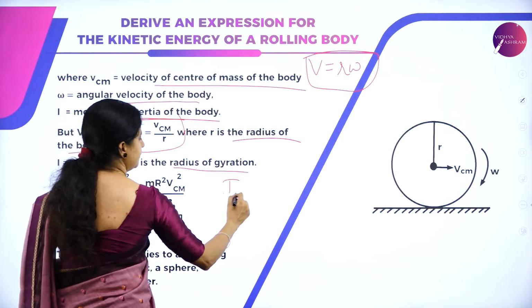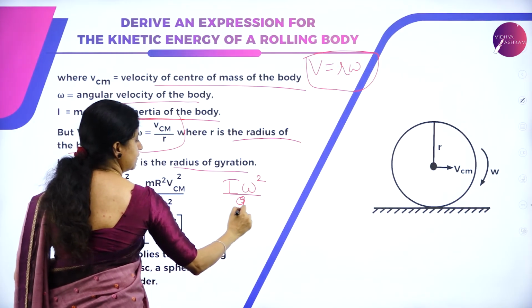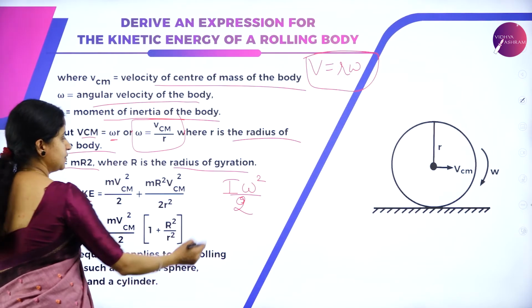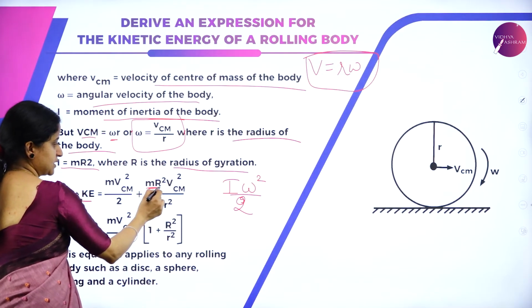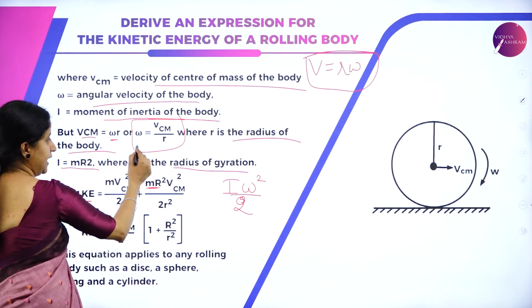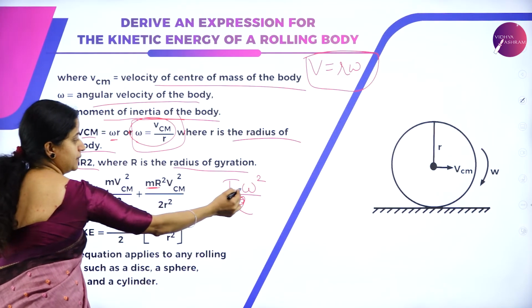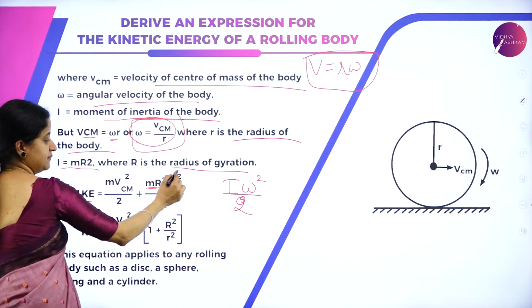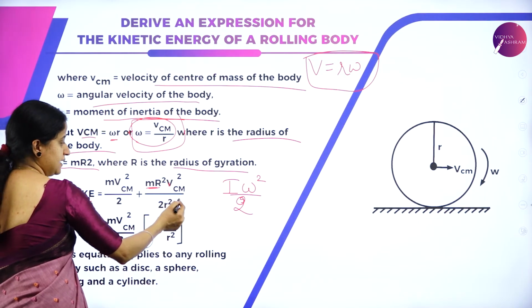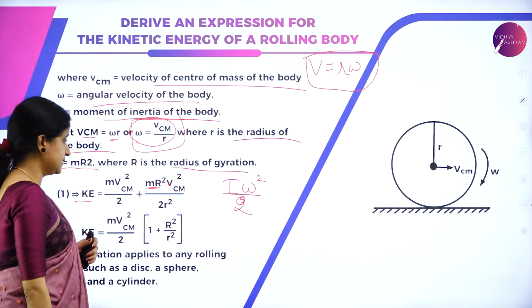Because our expression for rotational kinetic energy is I omega square by 2, where I is m k square and omega is v divided by R, we get omega square as v_cm square divided by R square, into 2, as in the previous expression.